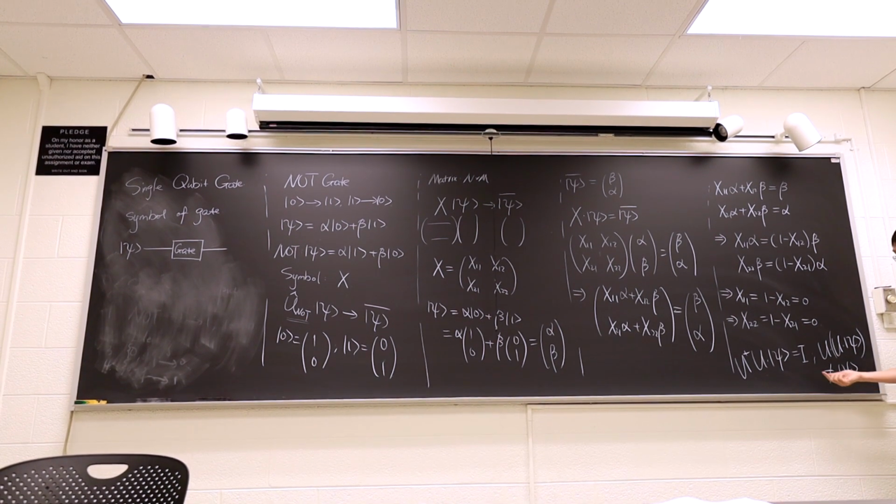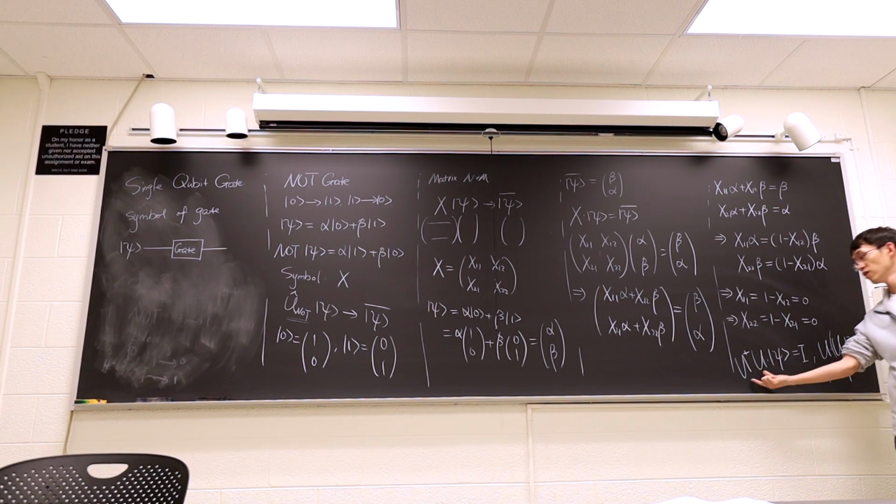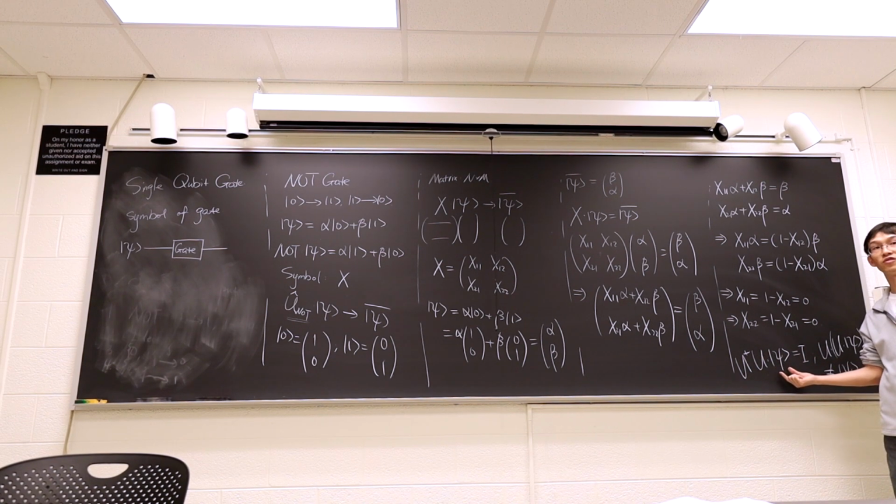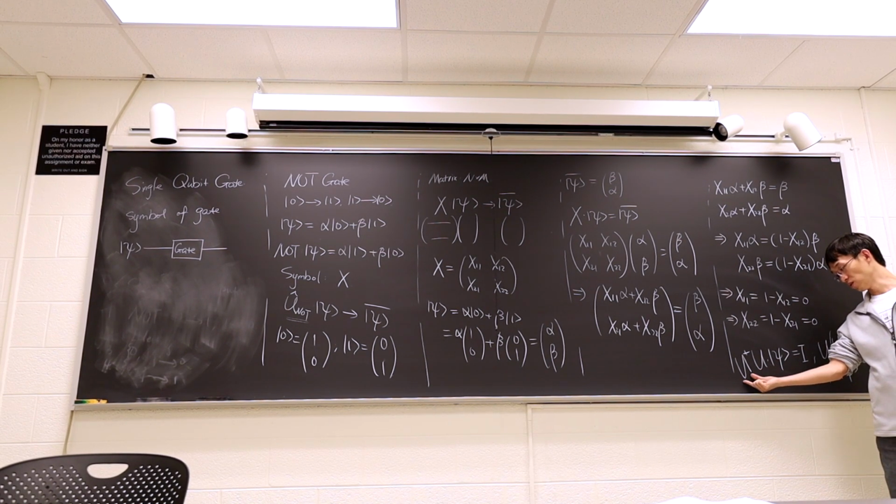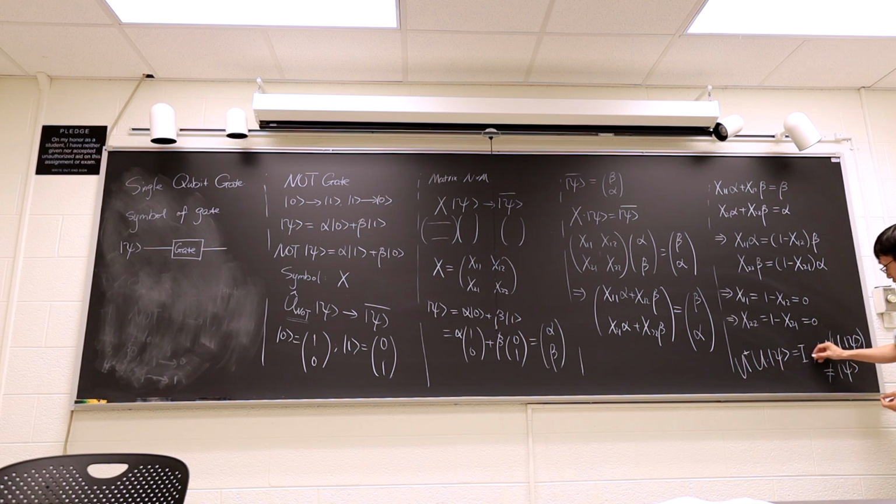But for a NOT gate it works; not all of them work. In general, what only works is that the gate is reversible. So you apply a gate, you also apply the reverse of the gate, then you end up doing nothing.